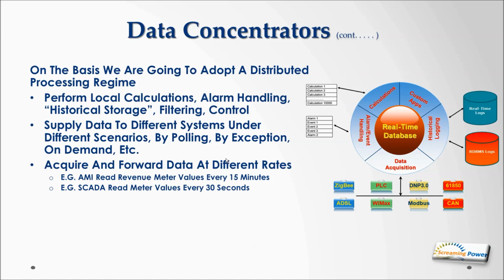But the point is that the acquiring and data forwarding could be at different rates within the concentrator if we get the design right. So for example, AMI revenue values could come in every 15 minutes into the enterprise if that's what's necessary, but the same values could come in every 30 seconds when we're just looking at things like voltage or power consumed or frequency or whatever.